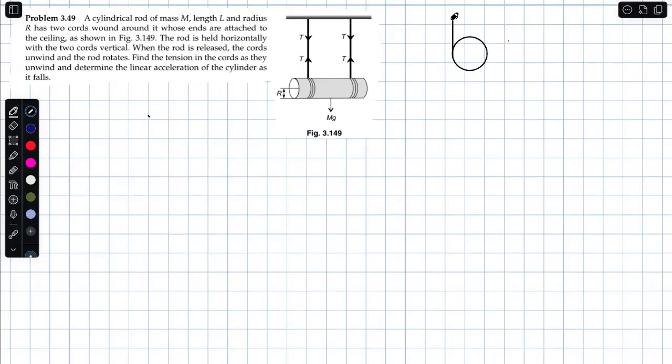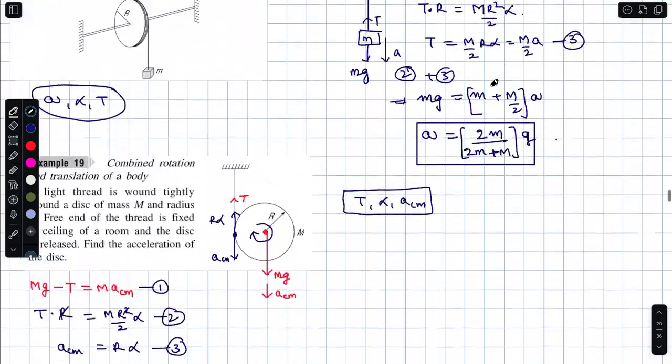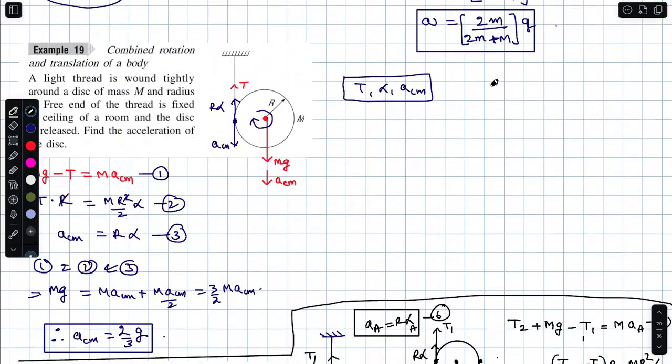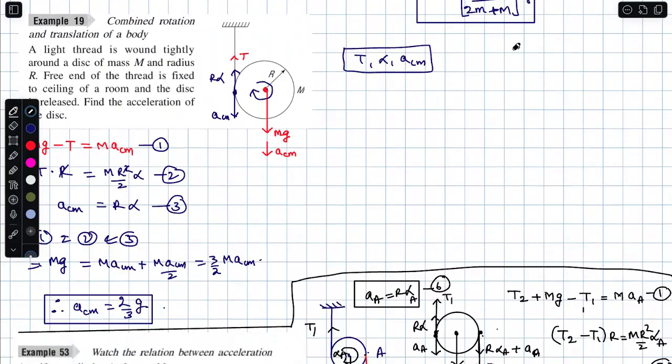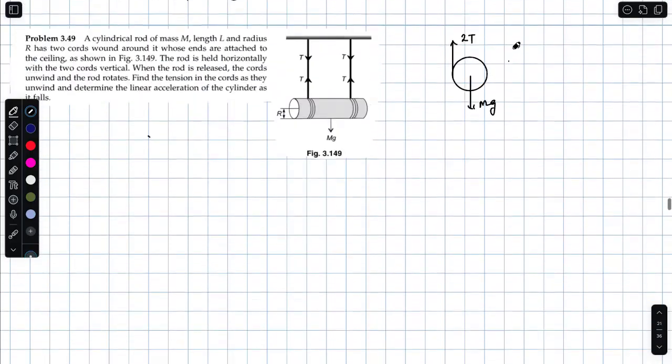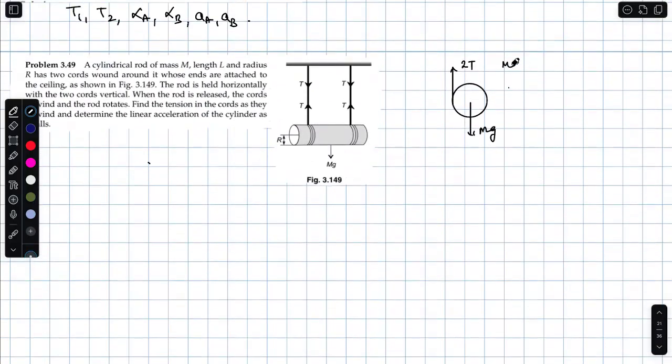In the place of T, I will write 2T, and I will write mg. In what way is this question different from this one? Both are same. Therefore, everything is the same. So mg minus 2T is MACM. Similarly, 2T into R is equal to mR square by 2 alpha.